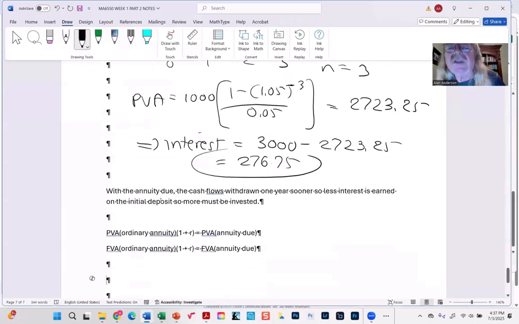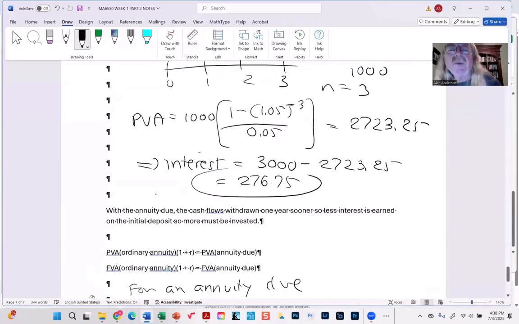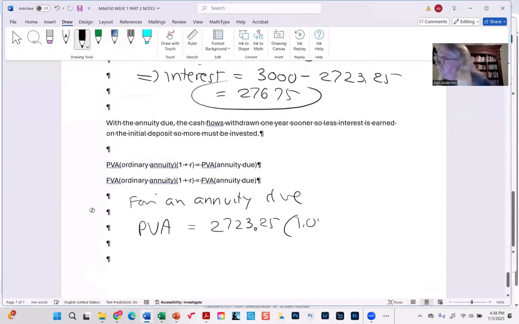And if you look in the slides, you'll see the amount involved, and then we multiply that by 1 plus the rate of interest, and we end up with 2,859.41.